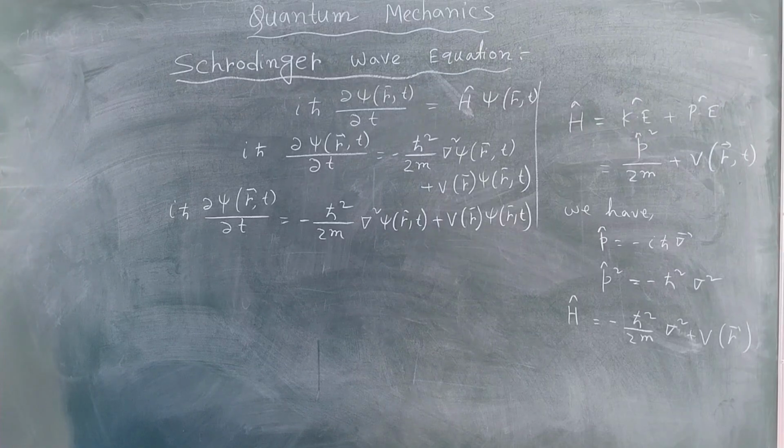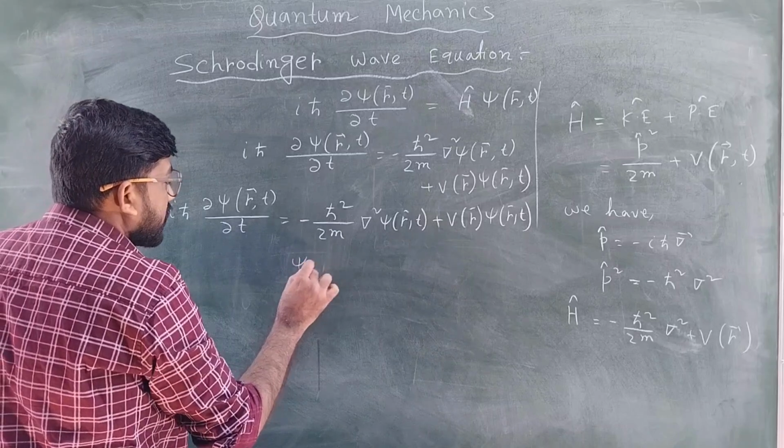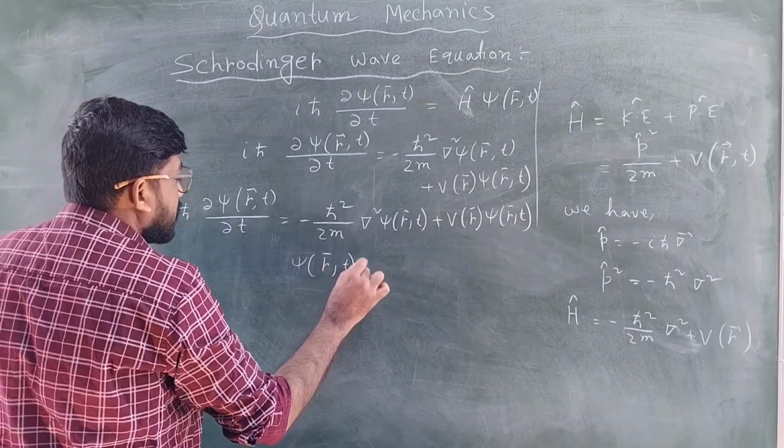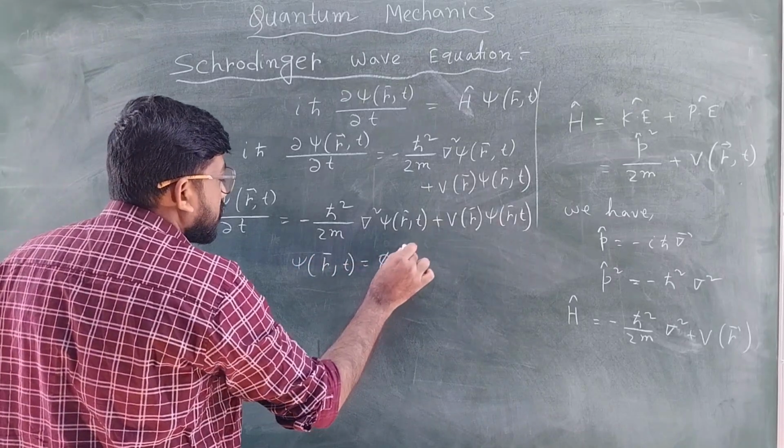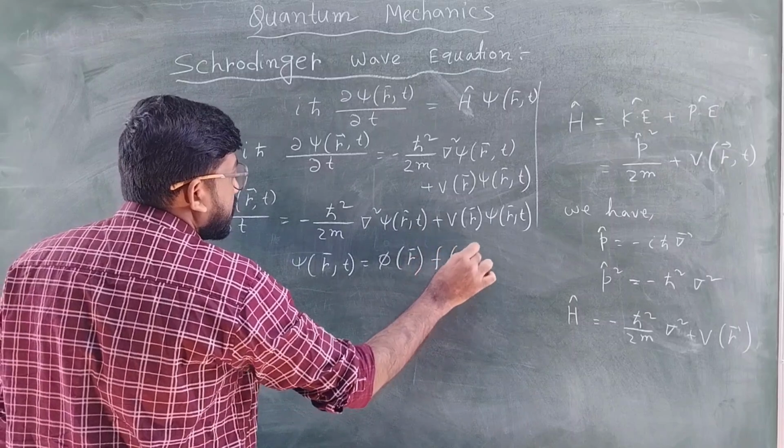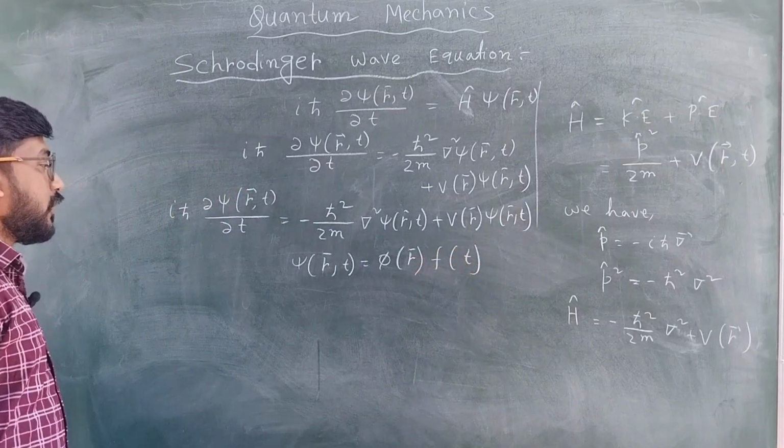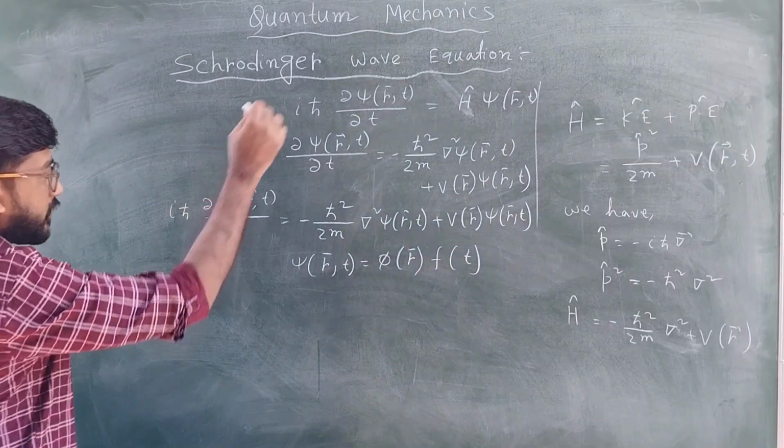Now let us use the separation of variables. Let us take ψ as a function of r and t, and let us take ψ(r,t) as basically a function of r and a function of t separately. Now if you put this here, what will you get?